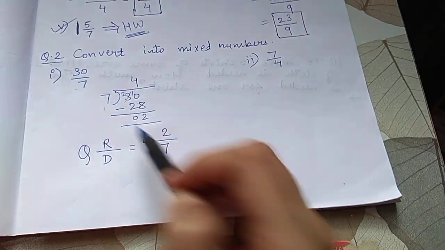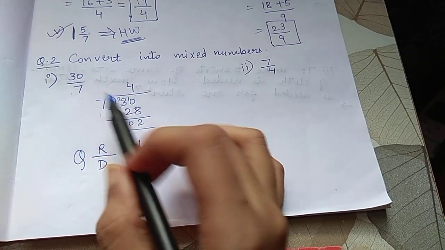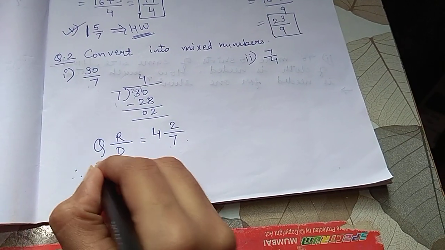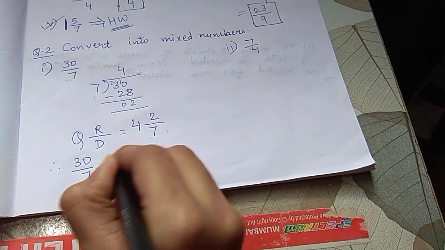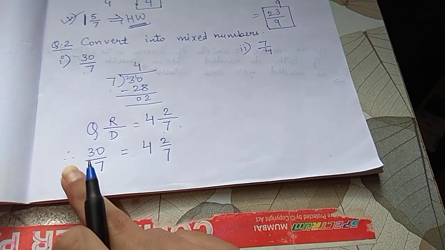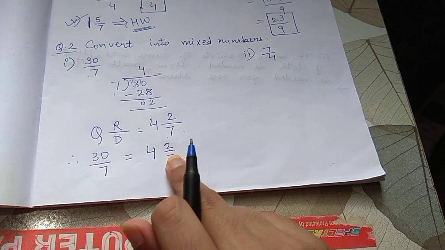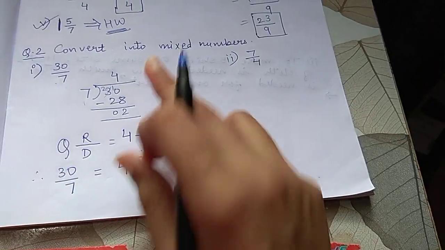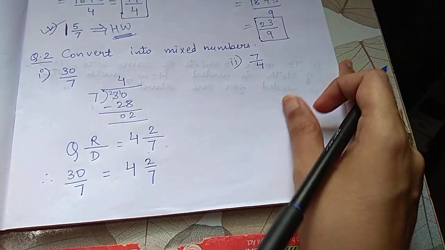The denominator will be the same. No change in the denominator. So therefore 30 upon 7 is 4 2 upon 7. See, from an improper fraction we made a mixed number or mixed fraction simply by dividing.